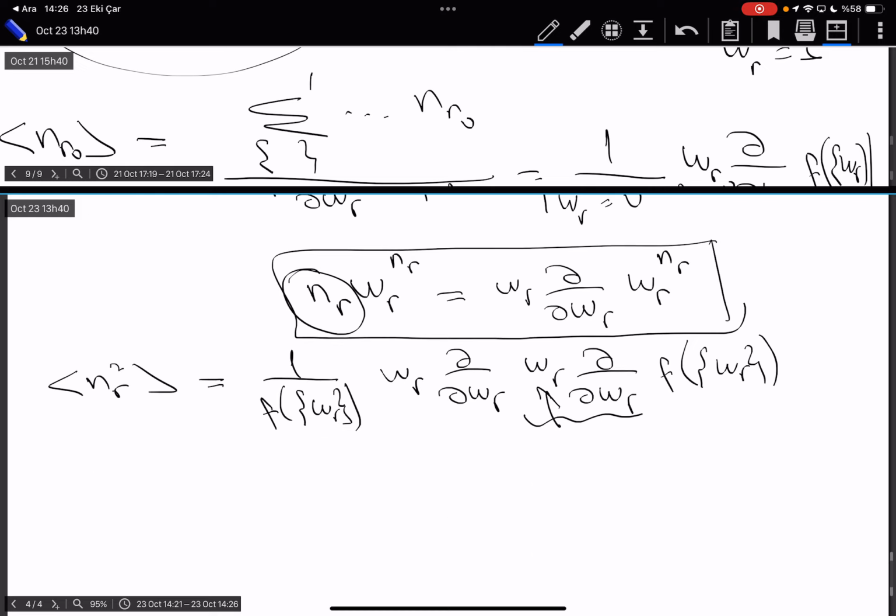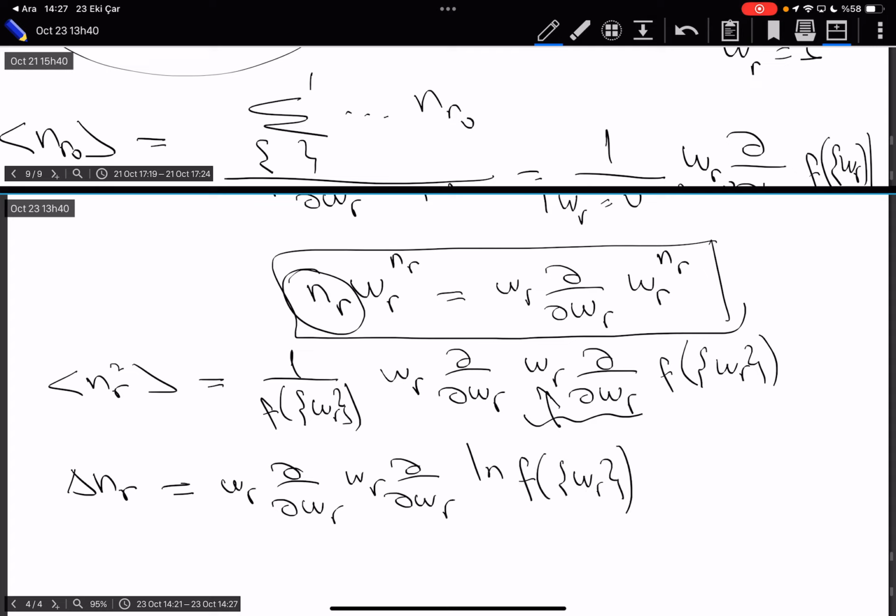And in fact, you can just go ahead and show that delta nr is actually equal to the second derivative of the logarithm of f of omega r. You see, this term over there is not just the derivative of the logarithm. But, no, this is squared, because there are two derivatives in between.